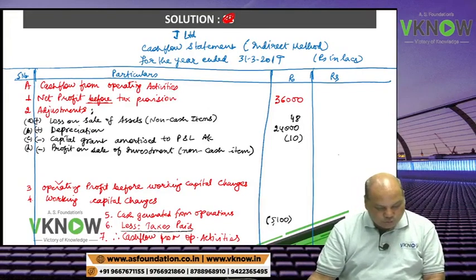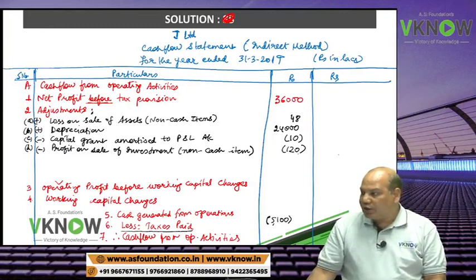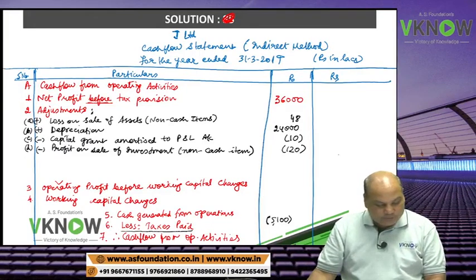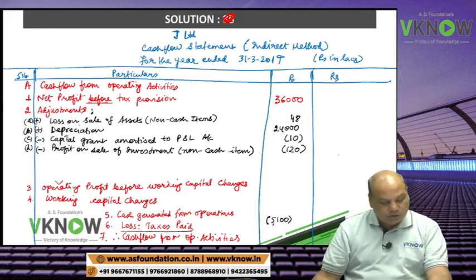So the amount was 120. Non-cash item credited to P&L account in adjustment less. Point number 8 is interest income from investment credited to P&L account.